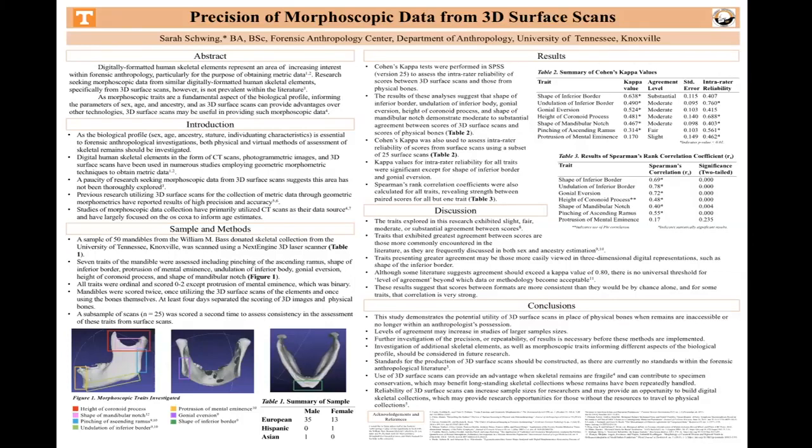And Sarah, do you plan to continue with this line of research? I do. Moving forward, I'm going to look at the cranium, and look at Walker's cranial traits, morphoscopic traits for sex estimation, and OSA traits for ancestry estimation.